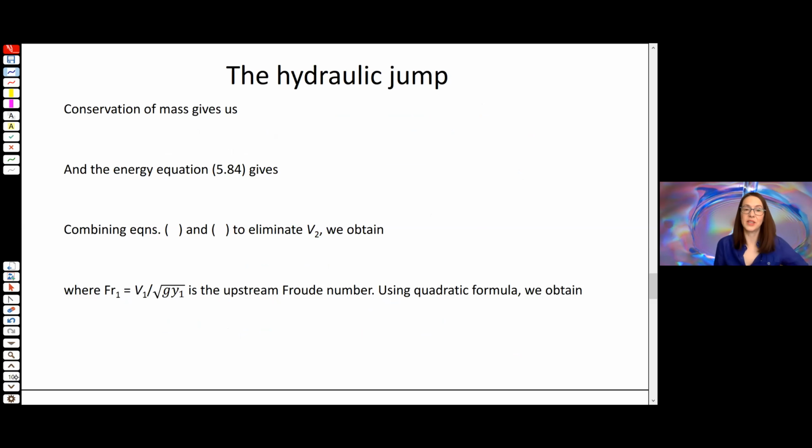Conservation of mass, that was conservation of linear momentum. Conservation of mass gives us the following: Y1 B V1, where B is the width of the channel, equals Y2 B V2 equals Q. We'll call that equation 2.